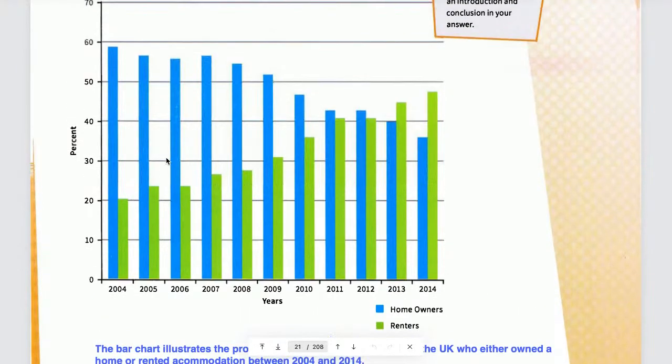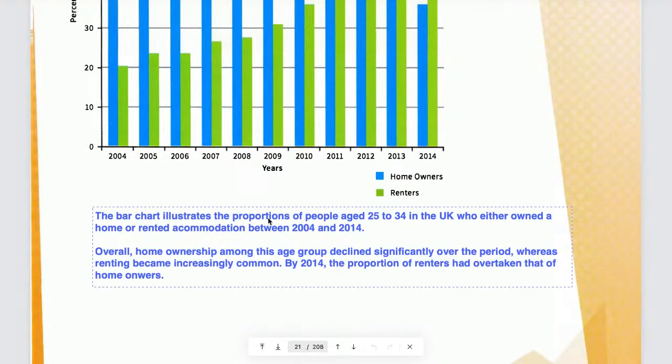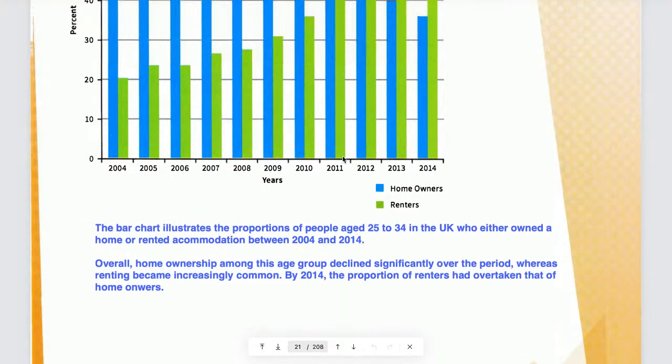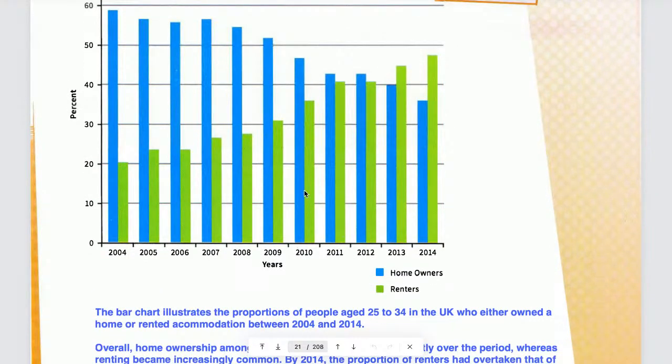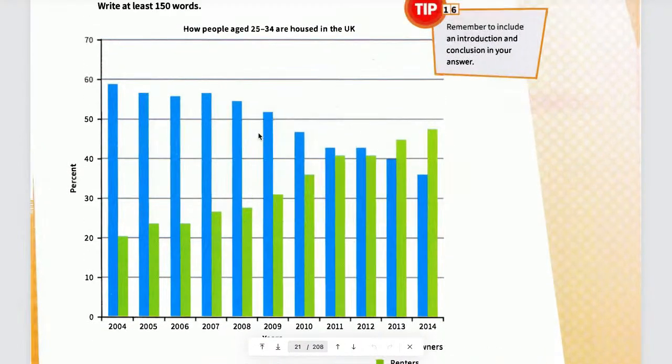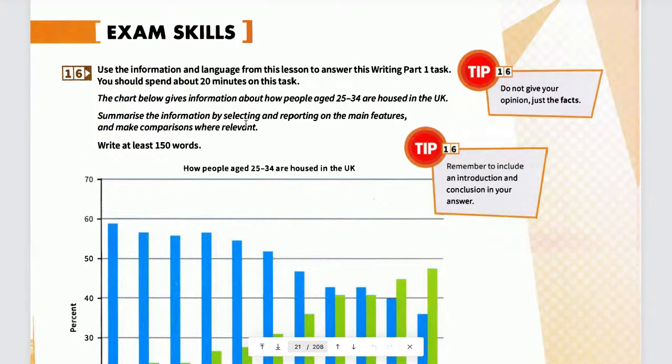Yes, that's right, because when we look at the chart on the vertical axis, you can see percent, okay? You have 10%, 20%, 30%, something like that. So that's why here you can use the word proportions. The way we write this really depends on the information we get from the chart, the topic sentence, and the requirements here.